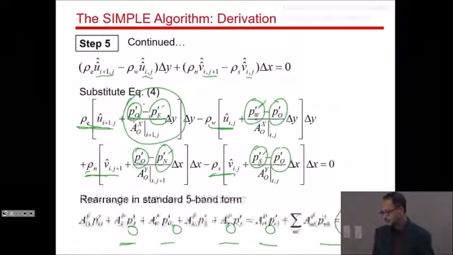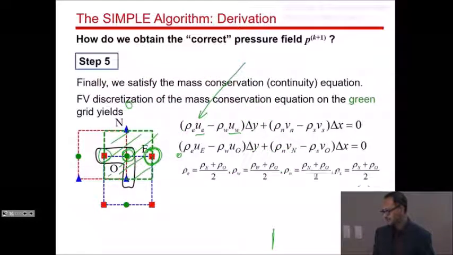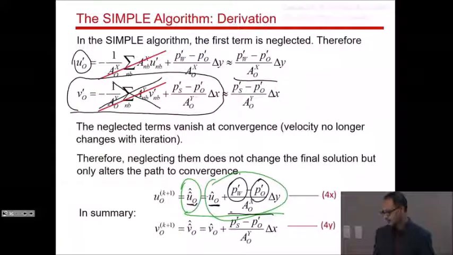Once you adjust the pressure, your velocity field also gets adjusted. So the new velocity field that you will calculate after you adjust the pressure will now satisfy mass conservation also. So this is the philosophy we are using. We're solving the momentum equation. That velocity field creates a mass imbalance. That mass imbalance now adjusts the pressure.